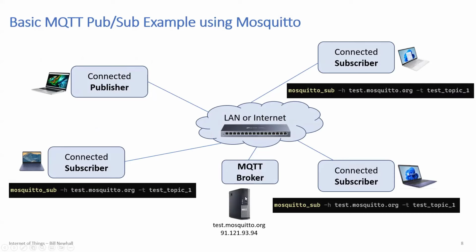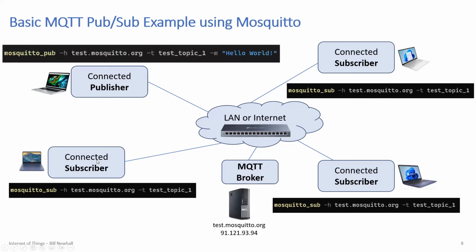So the broker is running on this PC over here, and I have some laptops, could be PCs, running clients to publish messages and then subscribers that receive those messages. And these lines of text here, these are command line commands in like Windows command prompt or PowerShell, or you can do this in Linux as well.